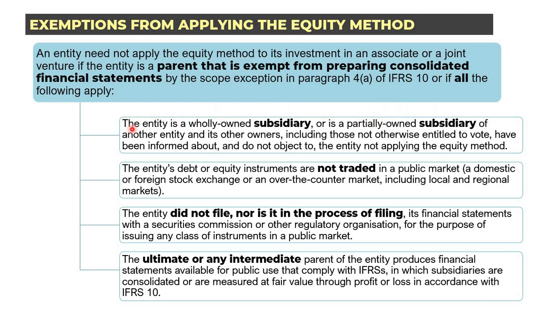As long as tayo ay isang subsidiary, si investor. So, kung tayo ay isang subsidiary, ibig sabihin meron tayong parent. At yung parent na yon, yun yung entity na may investment naman sa atin. Tapos, yung mga owner daw ng parent natin is not against our decision not to apply the equity method. So, okay lang sa kanila, sa mga owners ng parent natin, na hindi tayo gumamit ng equity method.